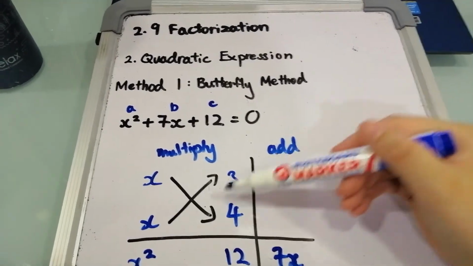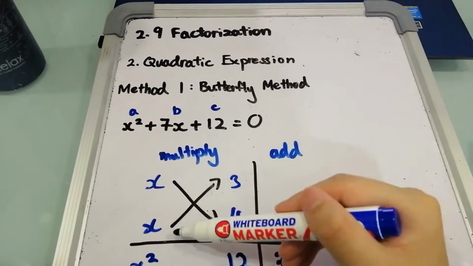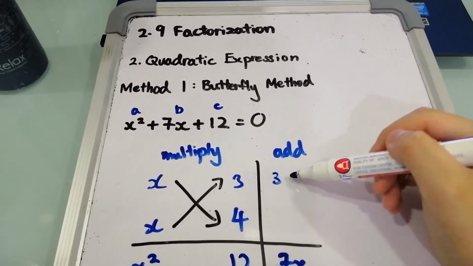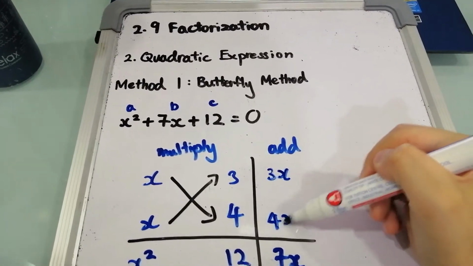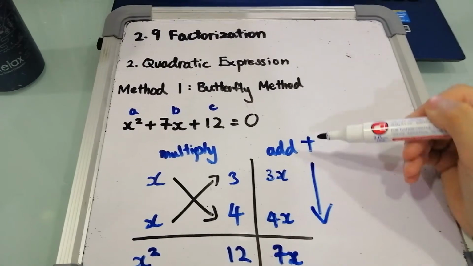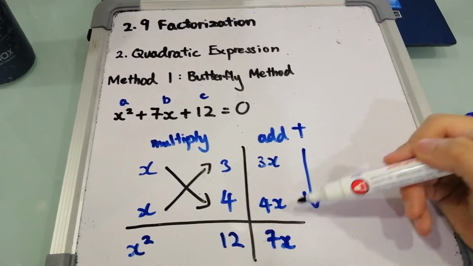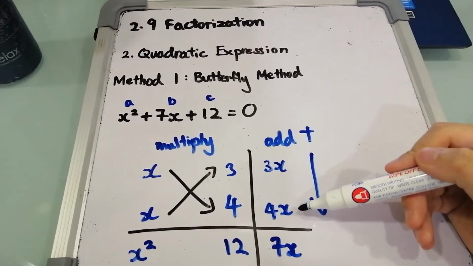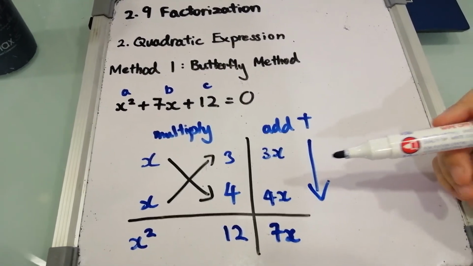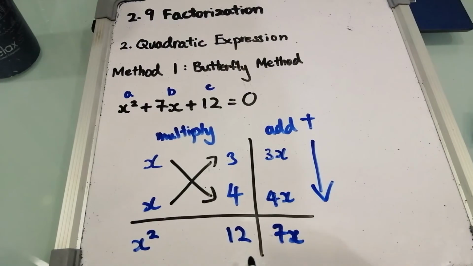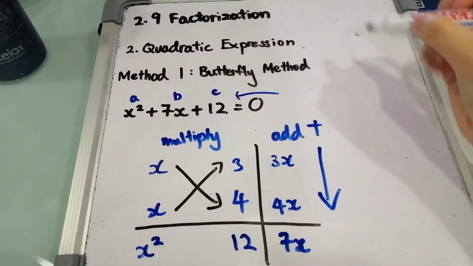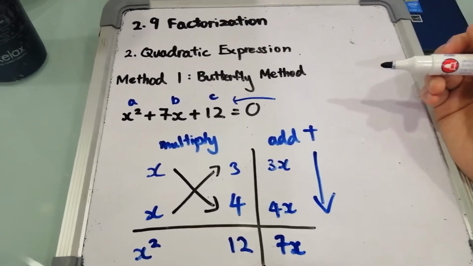So in order to add, we multiply diagonally, which is 3 times x equals 3x, 4 times x equals 4x. So adding here is 3x plus 4x, so we get 7x. If all the answers are the same as the expression, then we can prove that it's correct.